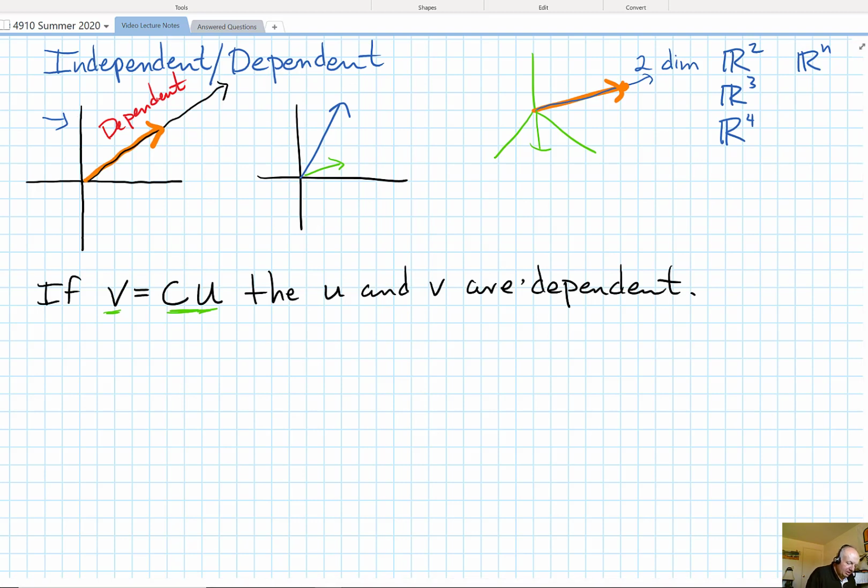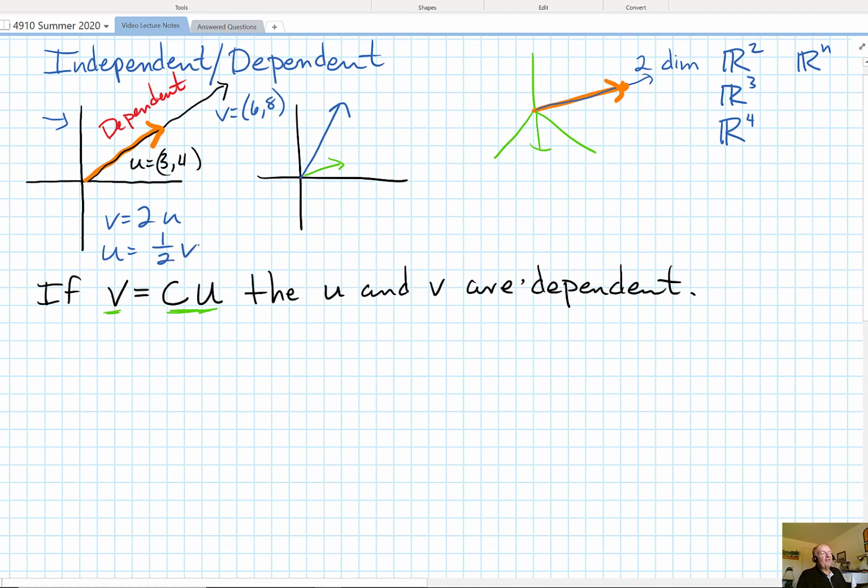So for instance, say this is the vector, well, it looks like it's about the vector 3, 4. So we've got the vector u = (3, 4), and then v is the vector (6, 8). Notice v is just 2 times u. So they're going in the same direction. One's just a stretched version of the other. Or likewise, we could say u is just 1/2 of v.